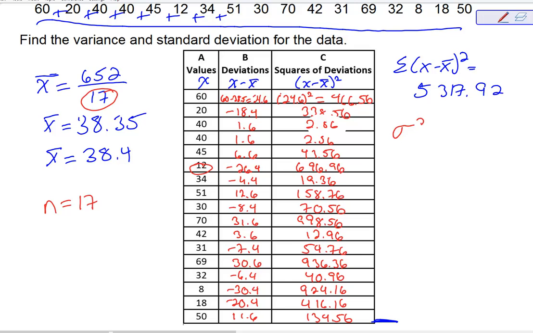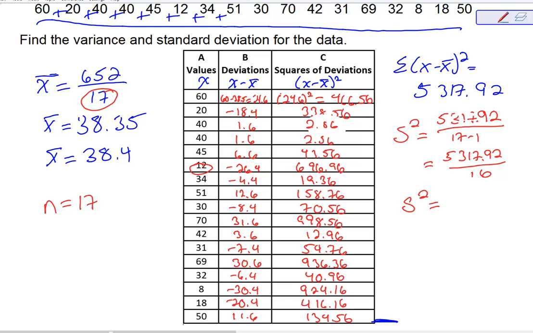So my, not sigma squared, we're working with samples, so my s squared is going to be 5,317.92 divided by 17 minus 1. So that's 5,317.92 divided by 16. So my s squared is going to be 332.4.